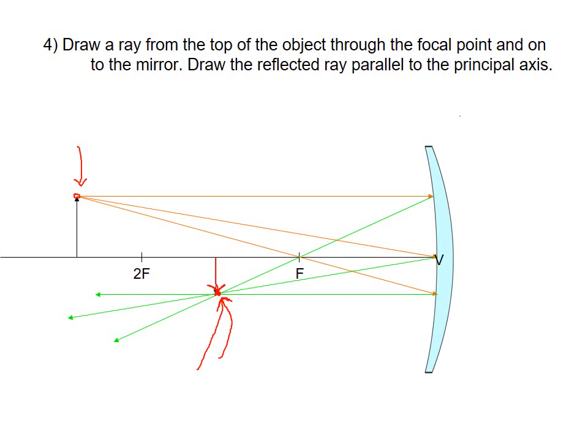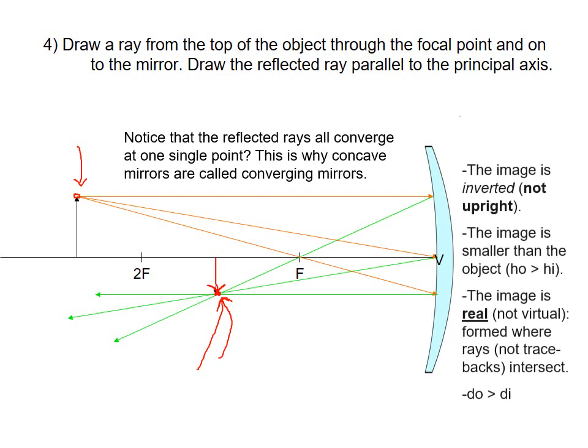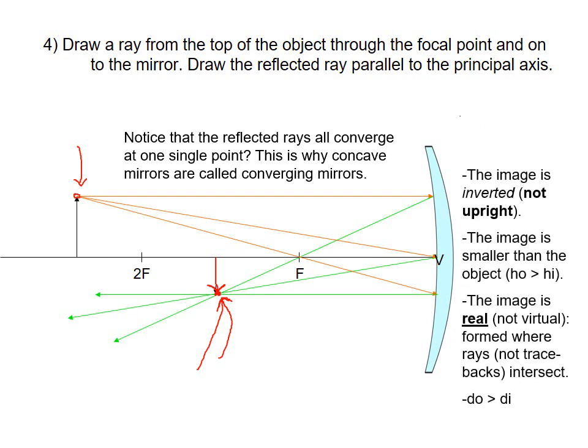So we can describe the image characteristics using SALT. So again, if you're looking at the type of image, we know it's a real image. So that's our T in SALT. We can describe the location, the L in SALT.